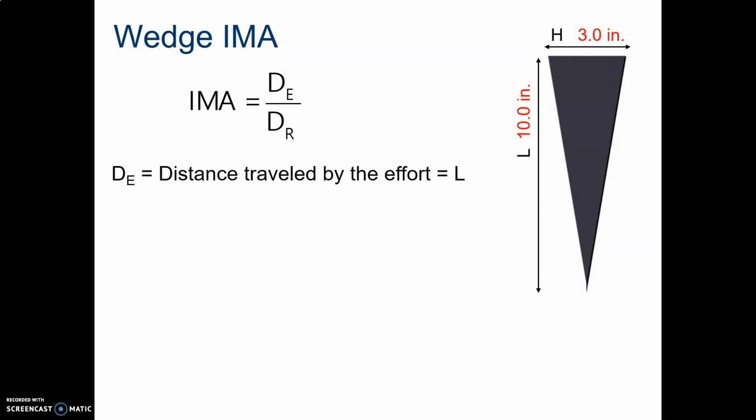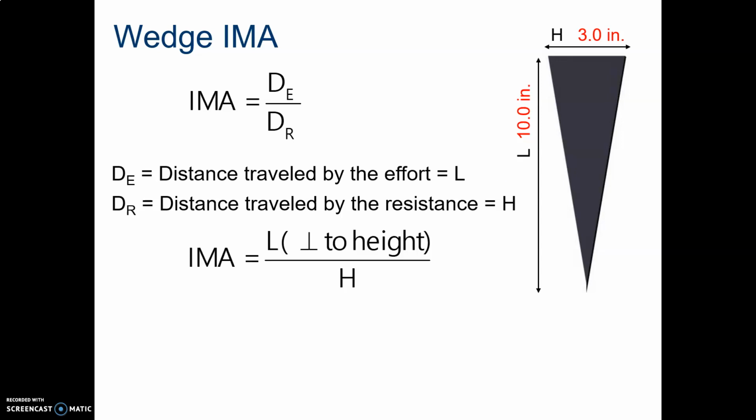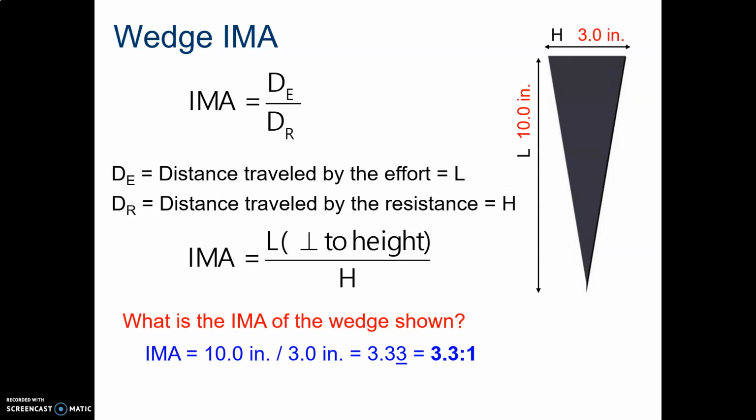So for this case, the effort distance would be 10 inches, and the resistance distance is the width of that, which is 3 inches. So to find the ideal mechanical advantage, it would be 10 inches divided by 3 inches, or 3.33, or you could round it to 3.3.